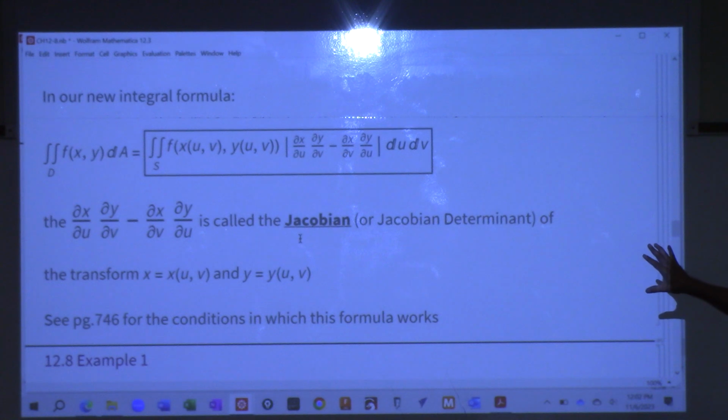What we're looking at here, this formula, is for double integrals only.